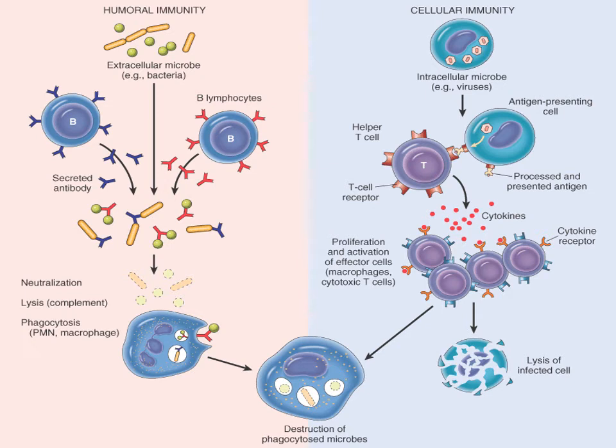Now, cellular immunity, in which intracellular microbes or viruses are ingested or present intracellularly within our cell, like this macrophage, and macrophages are also called antigen presenting cells, that present the antigen to T cells. So these antigen presenting cells, or cells containing a virus in their cytoplasm, process and present that antigen to the helper T lymphocyte.